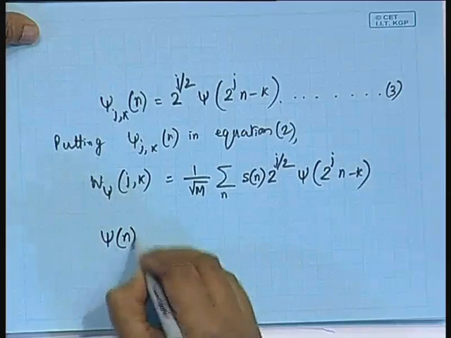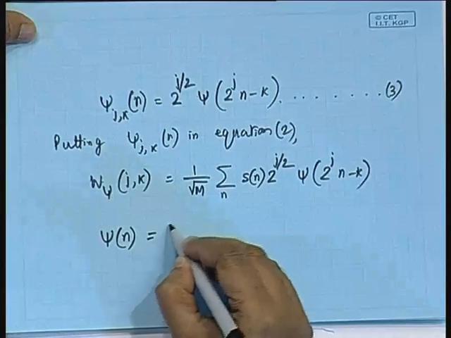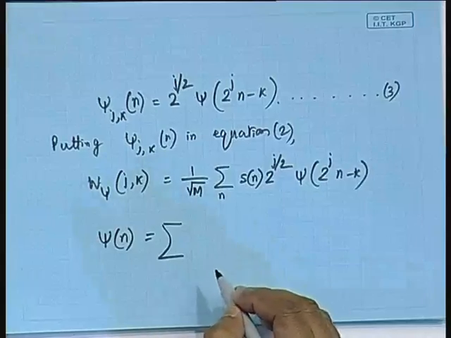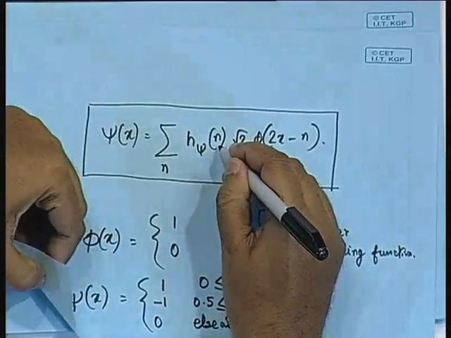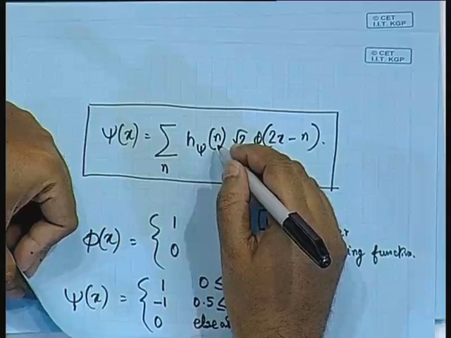In the new notation, we would like to write psi of n as a summation over, I cannot call this n anymore, because n I am reserving for the sample number.